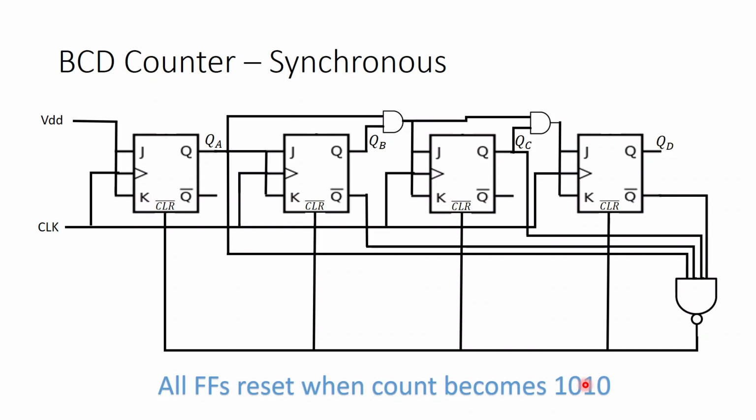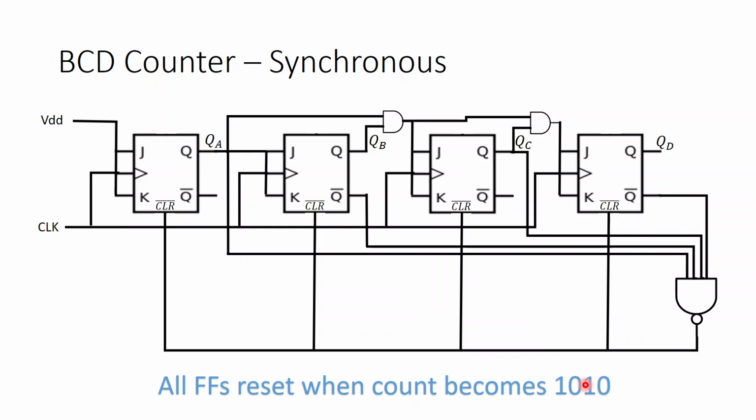What it means is, as soon as you generate a 1010, your flip-flops will get reset. The 1010 is happening for a very short instant. Though it is present, it is for a very short instant. So for the full length of the clock cycle, you are only getting counts from 0000 to 1001.